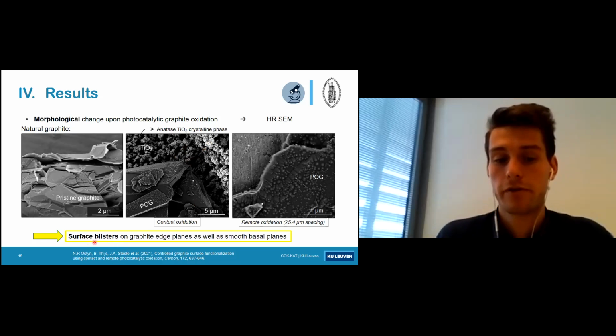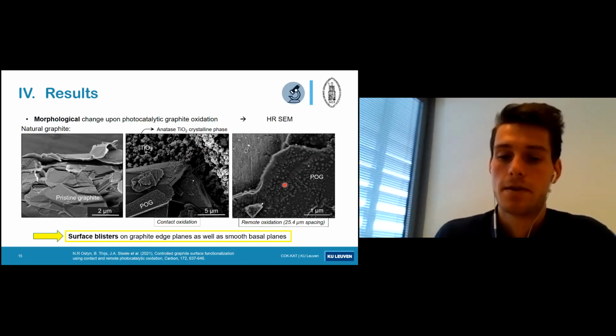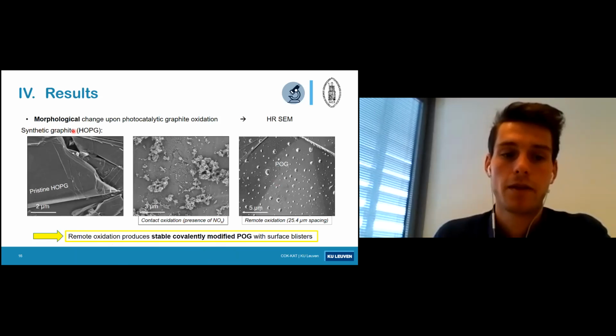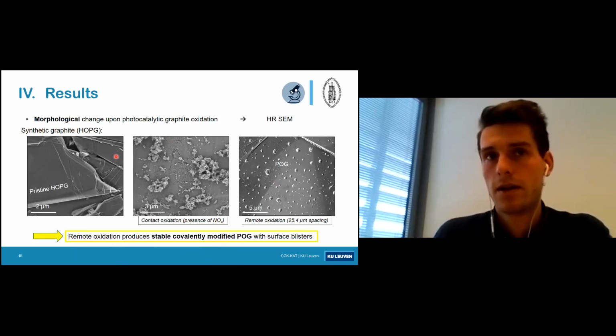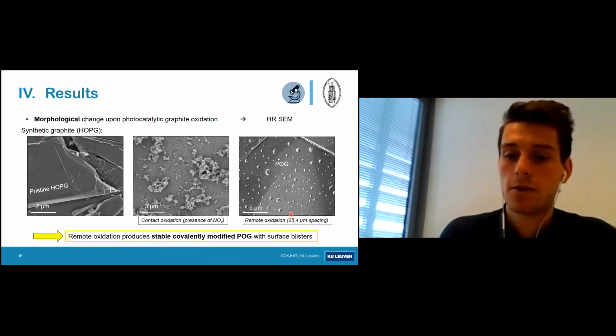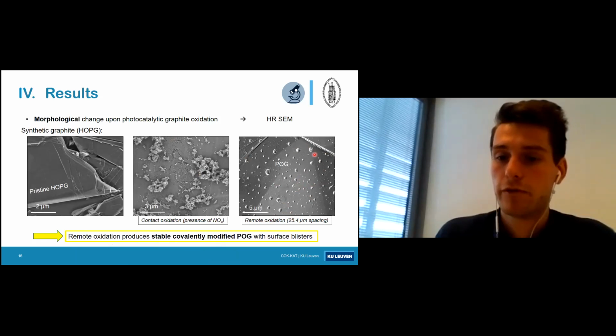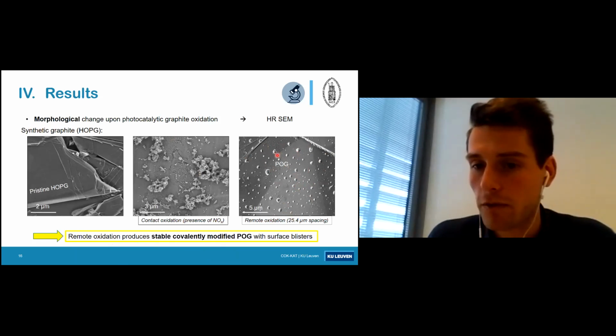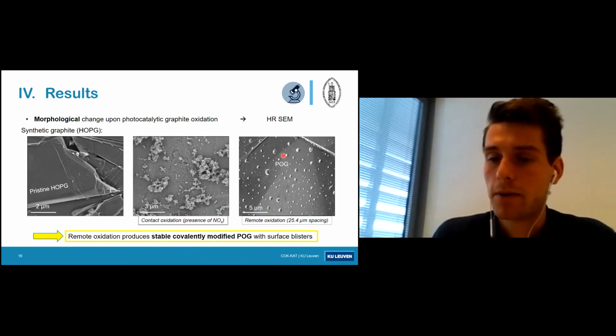First, surface blisters are created on the graphite edge planes, as well as on the smooth basal planes, as you can see on this slide. For HOPG or synthetic graphite, we see quite the same effects, very clear here. So remote oxidation creates a uniform modification of the surface by creating large surface blisters.